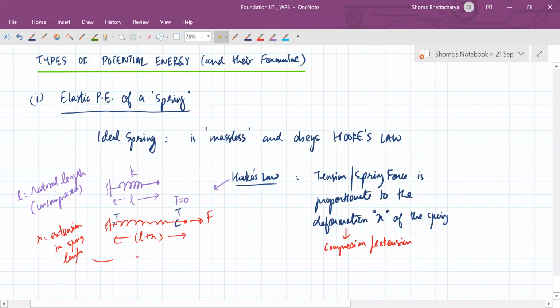So Hooke's law says that the tension will have a magnitude which is directly proportional to the extension of the spring.